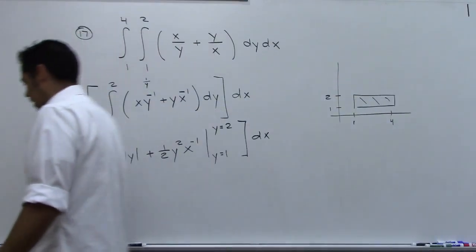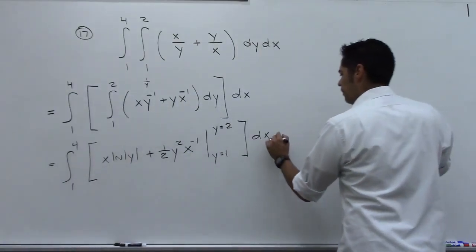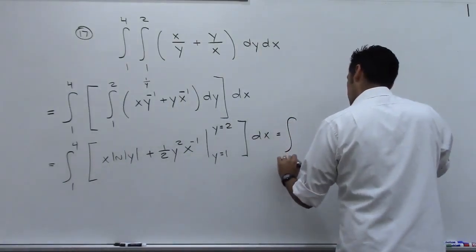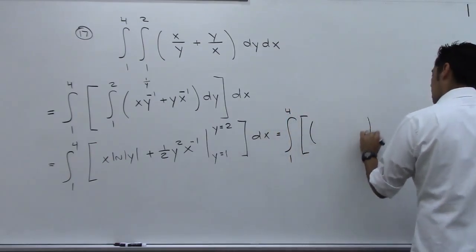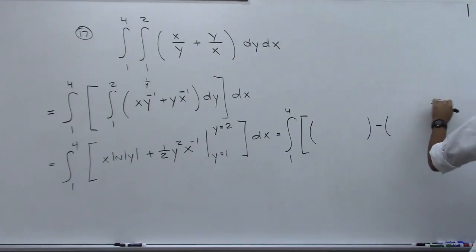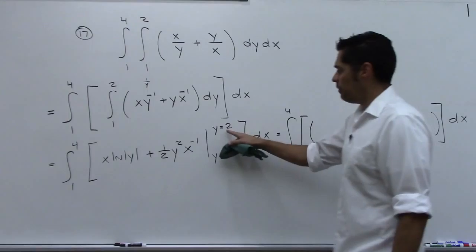All right, let's go ahead and plug in now. I still have this integral out here. I'm going to have something minus something inside. So first plug in 2 for y.